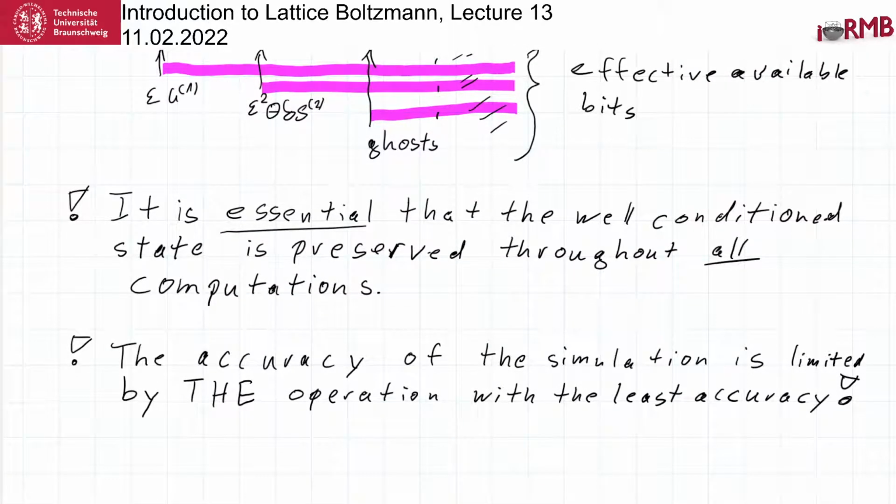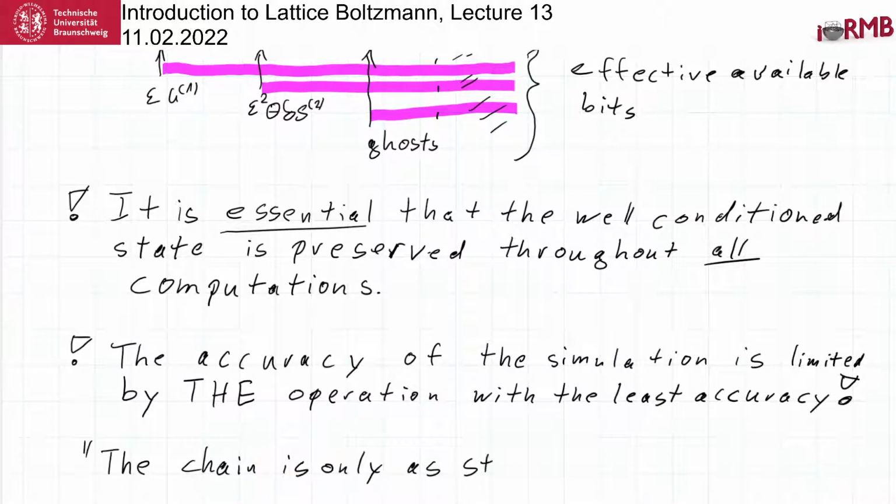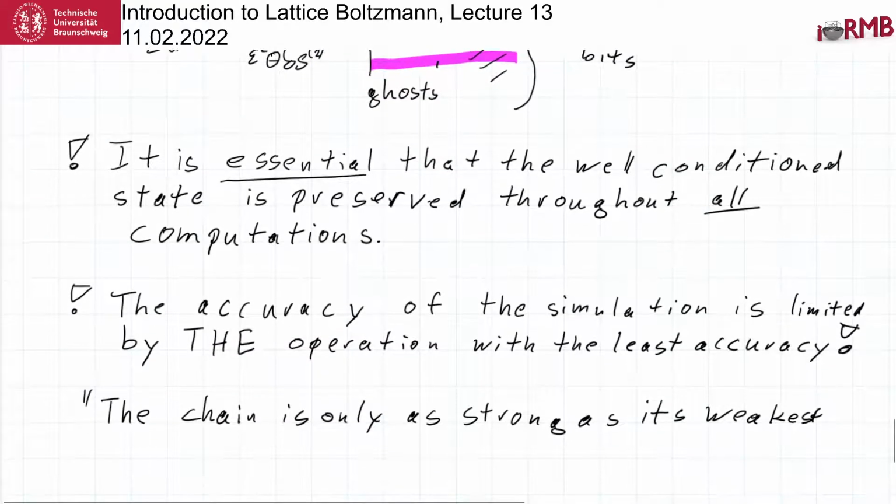Because these operations come in a chain. And so you always have to remember the operations come in a chain, and the chain is only as strong as its weakest link.